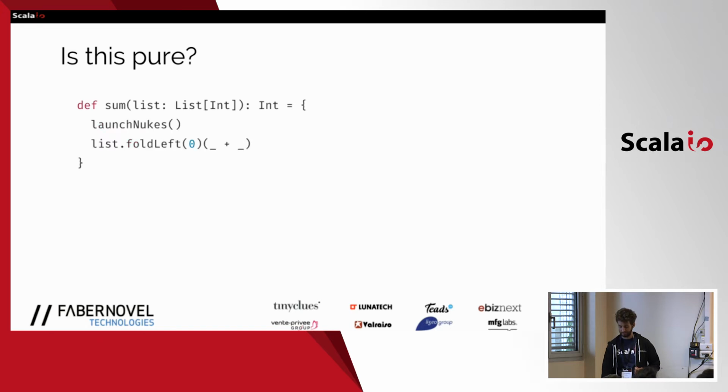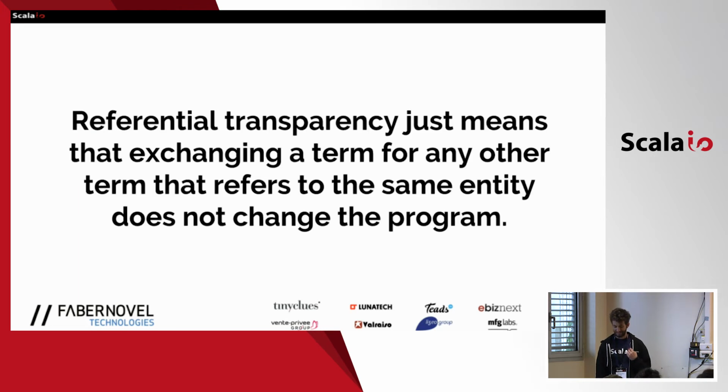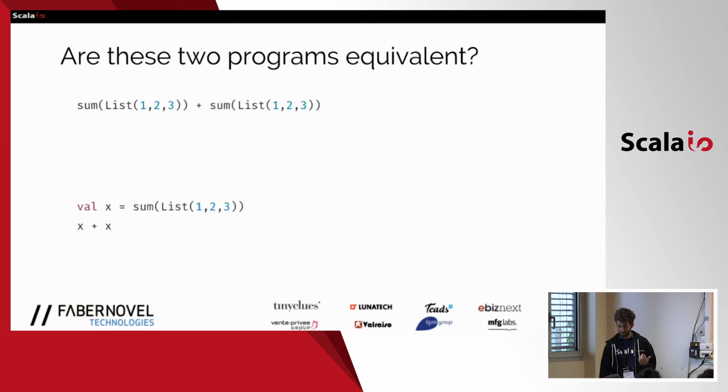But in this function, we might launch the nukes once or twice, and that's a completely different program if you think about a nuke launching program or something, right? Okay. So this is the definition for referential transparency, and this is the test you can do in your head.